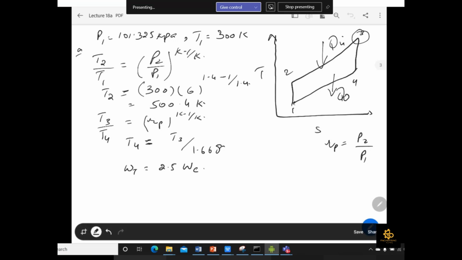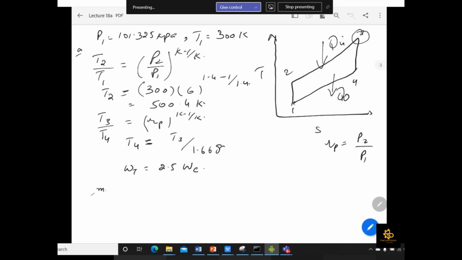From here I can easily say, if you notice, that the turbine is between 3 and 4, and the compressor is between 2 and 1. So I can simply use m Cp (T3 minus T4), because the turbine is there, is equal to 2.5 times the compressor work, which is m Cp (T2 minus T1), where m is the mass flow rate through the compressor.